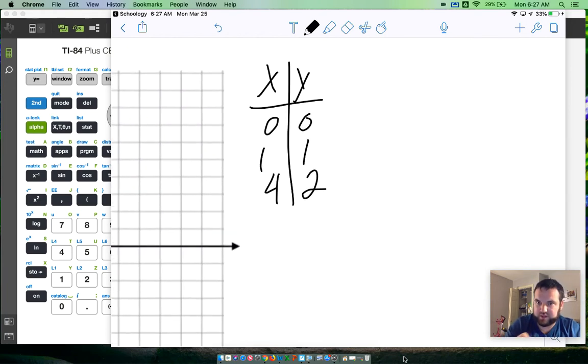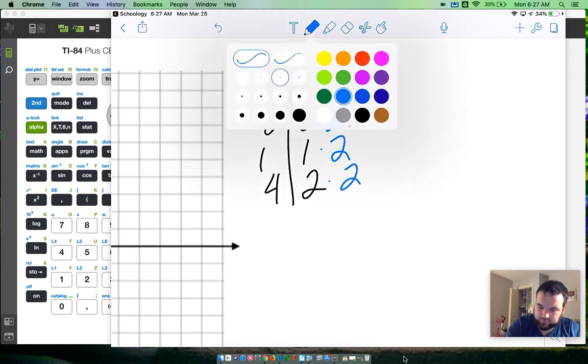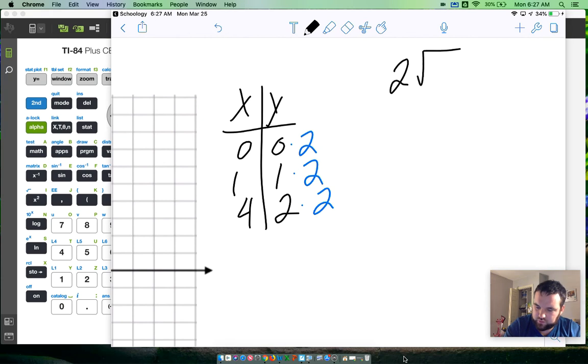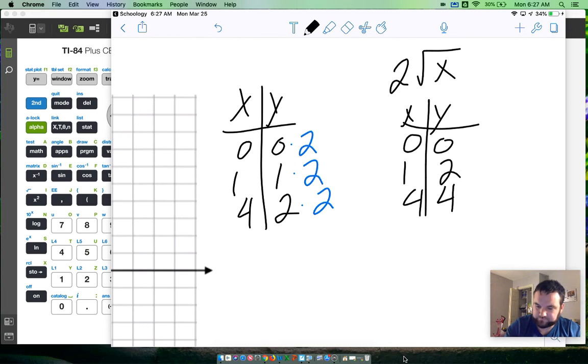And then I'm going to double the y coordinates because it was 2 times the square root of x. So double this, double this, double this. So to get 2 square root of x, that's going to be 0, 0 still, because doubling 0 keeps it the same. 1, 2, and 4, 4.